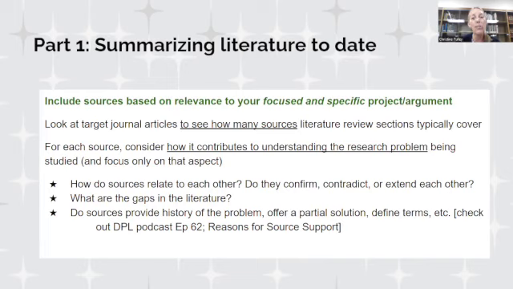And every time you decide that you're thinking about using a source in a literature review, take a very hard look and decide, what does this source provide that makes people understand my study or my project? So let me say that again. What does this source provide that makes people understand my project or my argument a little better?